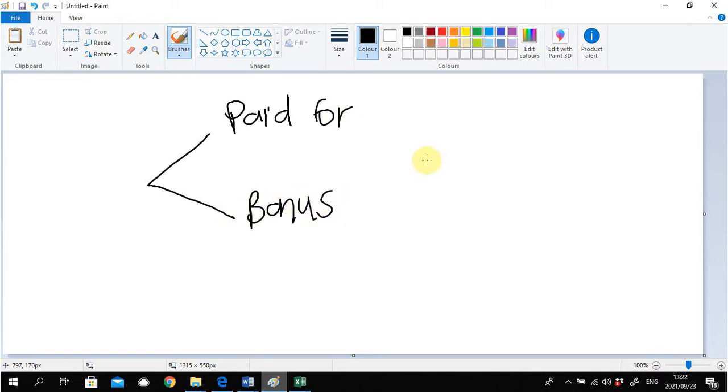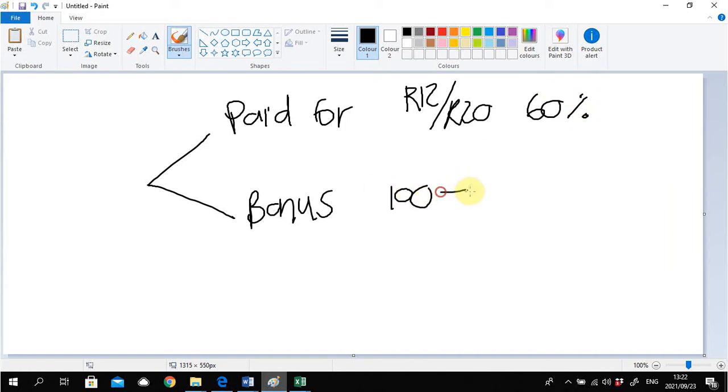The amount that was paid for was 12 Rand, and as a portion of the fair value, it's 12 Rand out of 20 Rand. As a percentage, 60% of the share options are paid for. So that means the bonus would be 100 minus 60%, which gives us the remaining 40%.